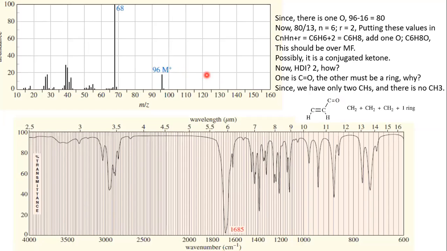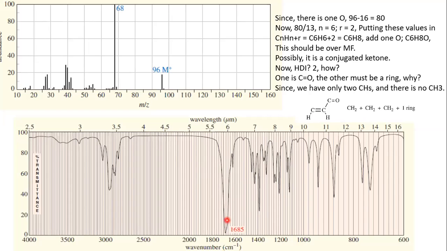Look at the IR. What is the information that we can gather from IR? Look at this peak. It's a very, very prominent peak here, and it is at 1685 per centimeter. Very prominent, very strong peak.